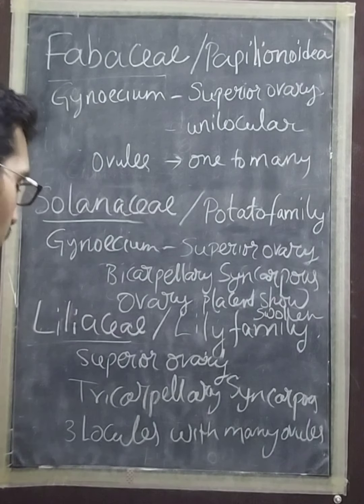After the gynoecium, we will study the fruits and seeds. What kind of fruit does Fabaceae have? It has a legume with 1 to many seeds, and these seeds are non-endospermous.